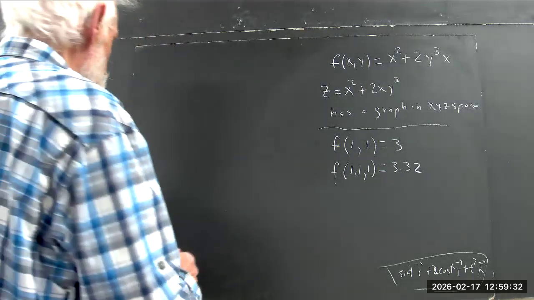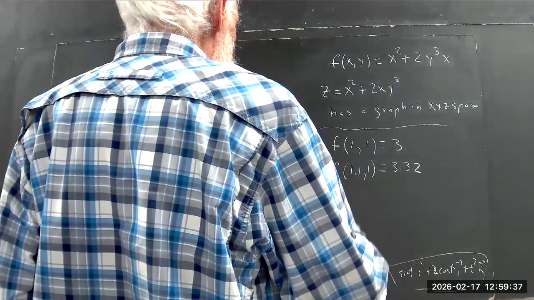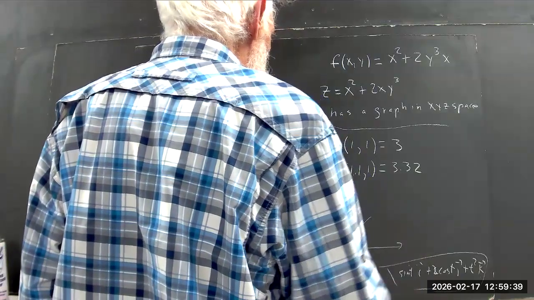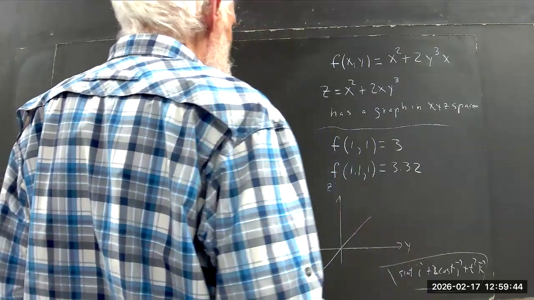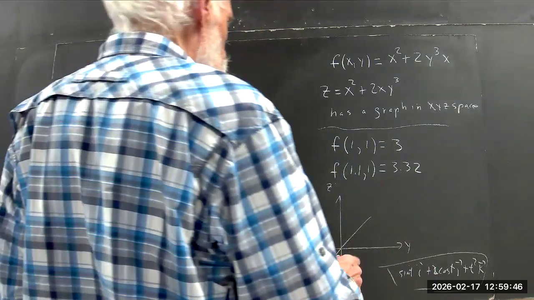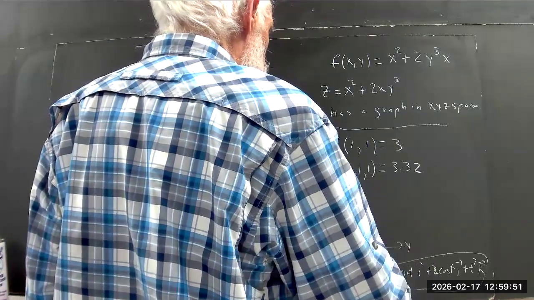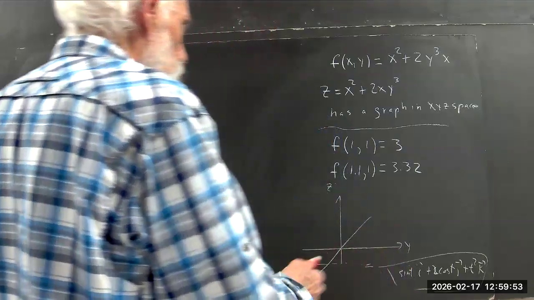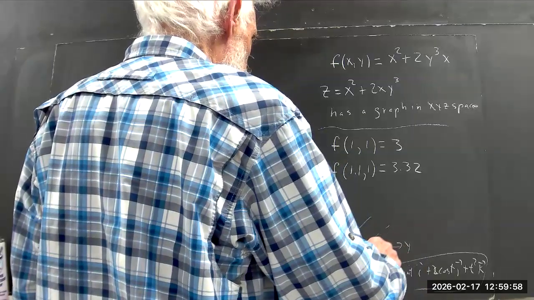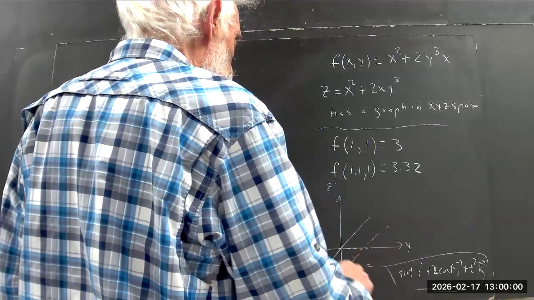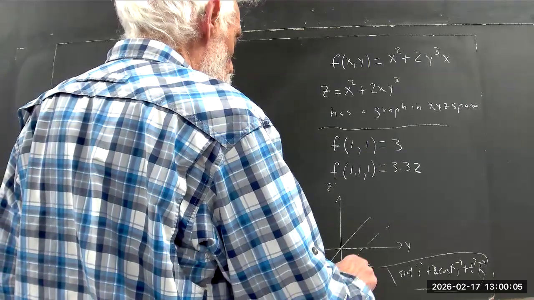All right, well, in three dimensions, we've got x, y, z. The point (1, 1) is on the line x equals 1. Well, it's in the plane x equals 1. That's actually a plane. But down in the xy plane, confining ourselves to the xy plane, it's on the line x equals 1, y equals 1.